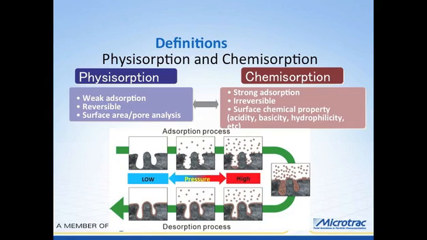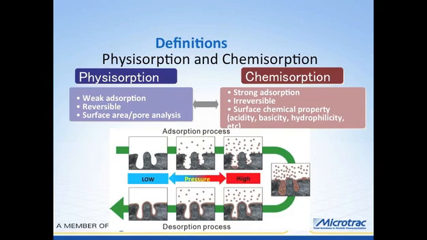But as we increase the pressure or increase the concentration of the adsorbing gas, more and more of these molecules attach themselves to the surface. At this point, these molecules can still undergo desorption.